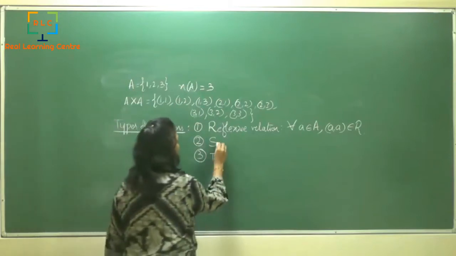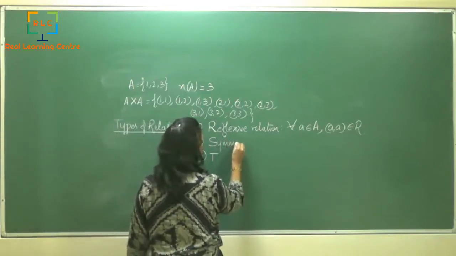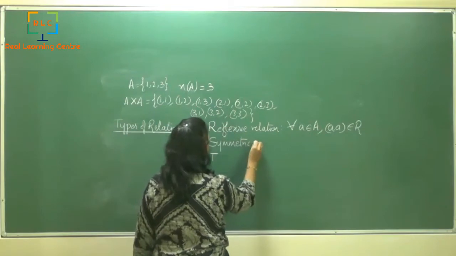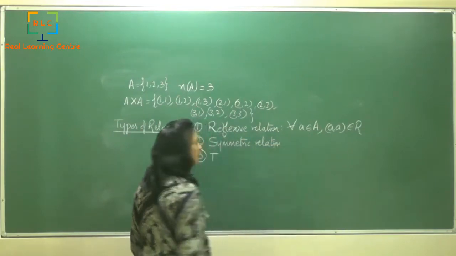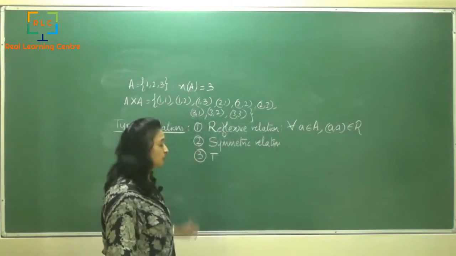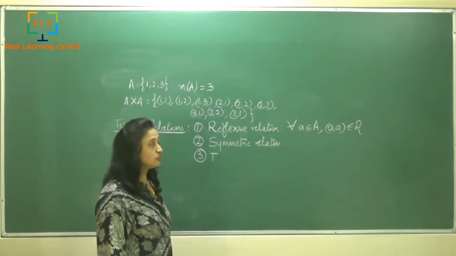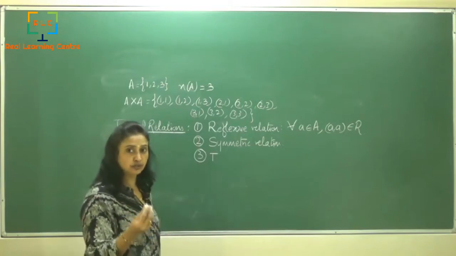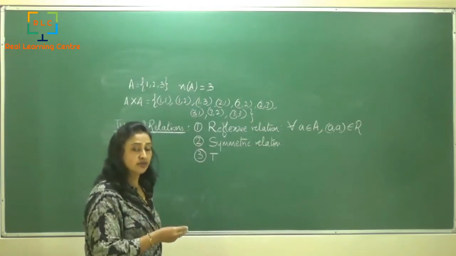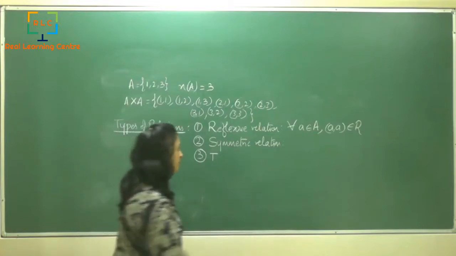Now I am going to the symmetric relation. For symmetric relation, how many elements am I taking? I am taking two elements. So now I don't need the set. I only want the relation to check inside the relation itself whether it is symmetric or not. What do you mean by that?